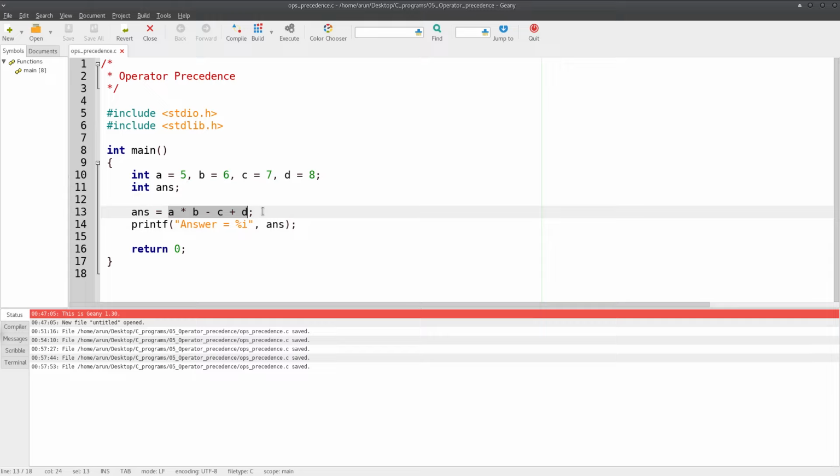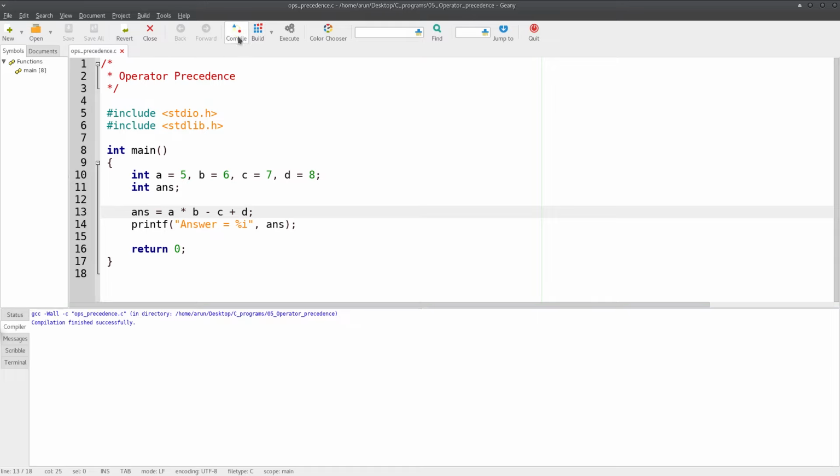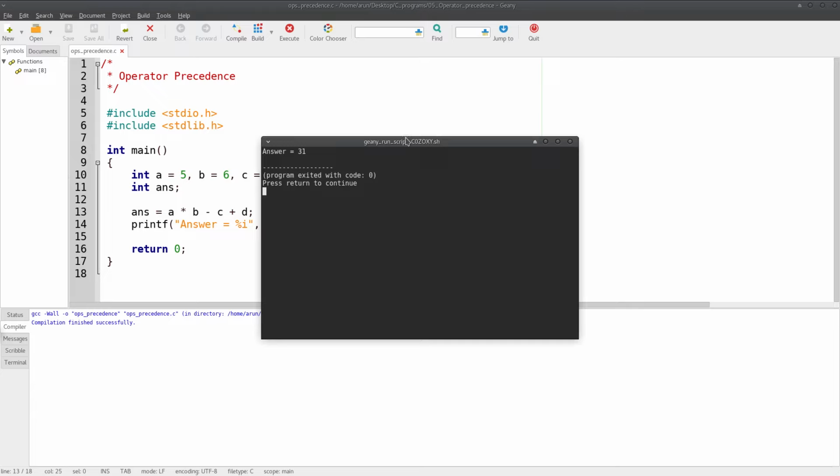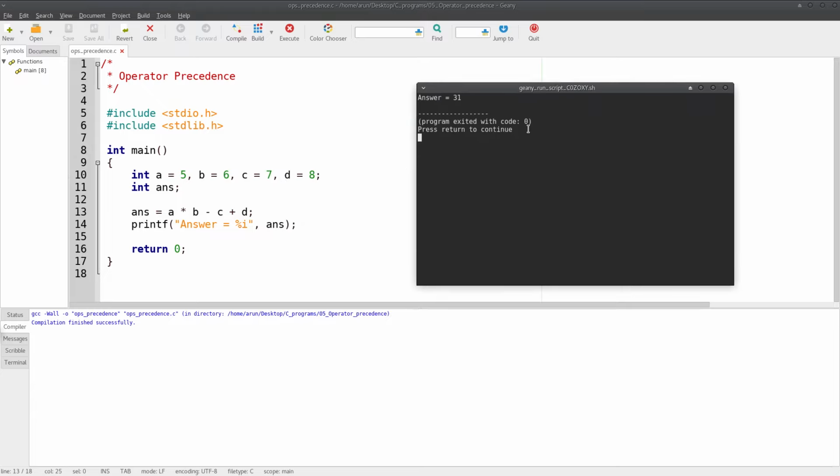This could be really confusing. Now let's run this first. To compile this, you just have to press this compile button, then build this, and then there's this execute button over here which is F5, and you run this, you'll get the answer, and the answer here is 31.